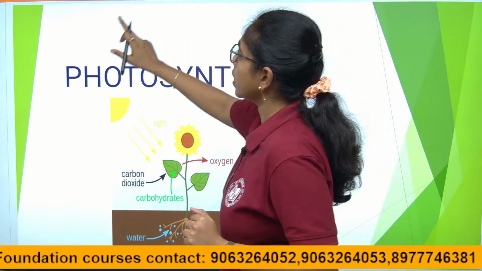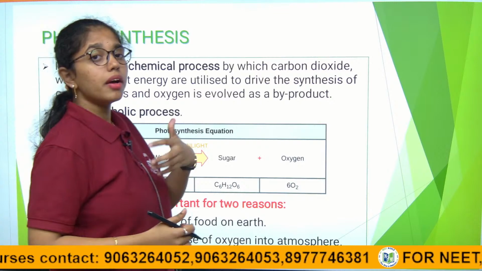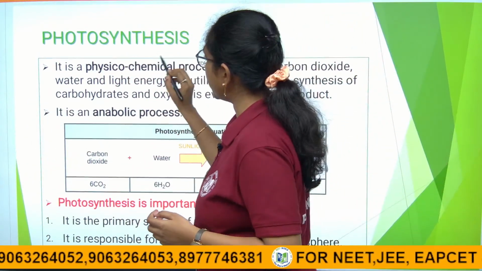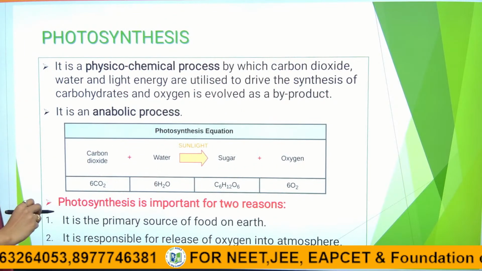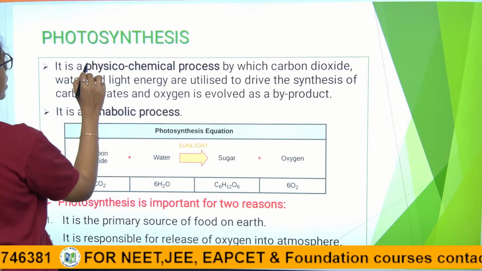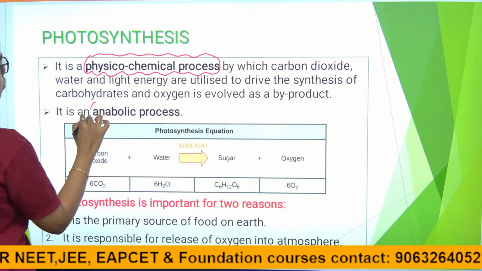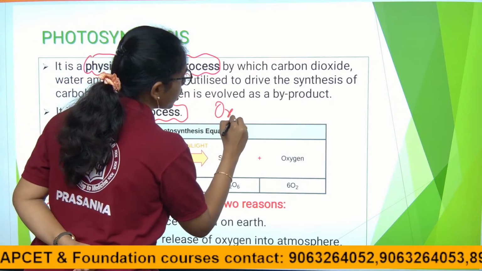Okay beta? If you look into the synonyms of photosynthesis, we have discussed in the previous class also, photosynthesis is said to be what beta? A physico-chemical process, anabolic process, and oxidoreductive process.